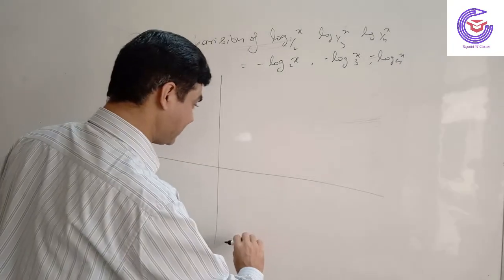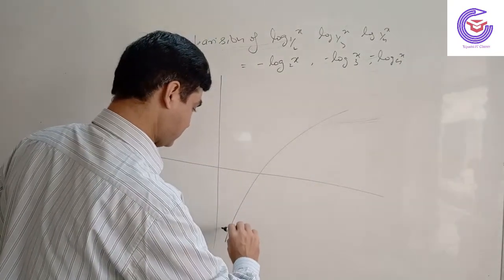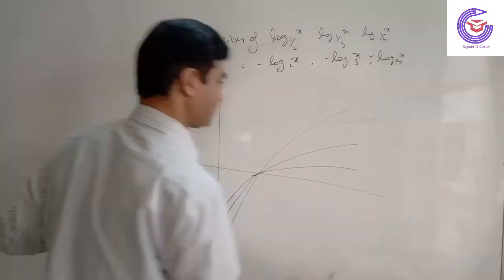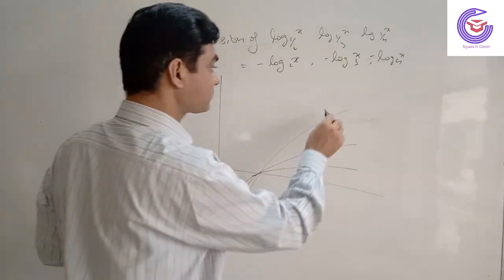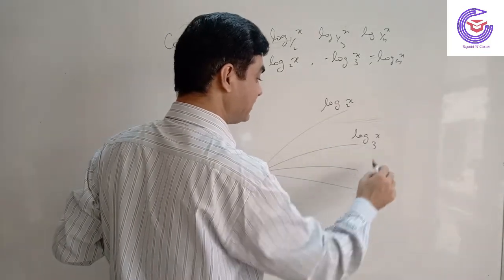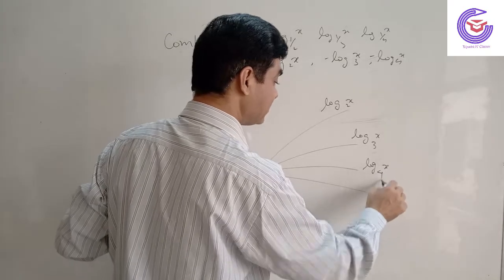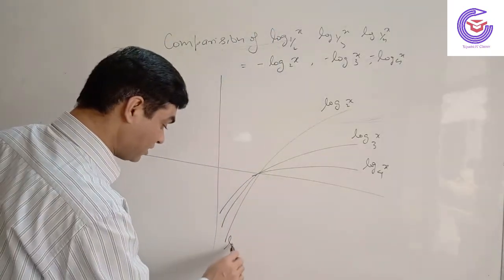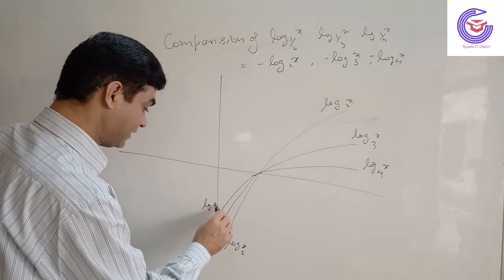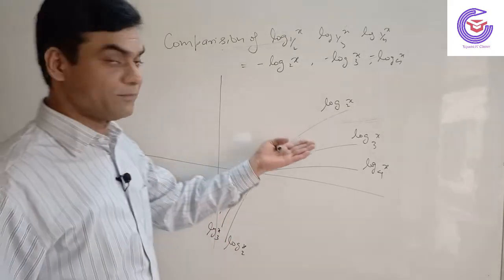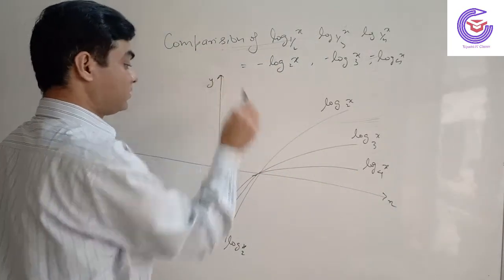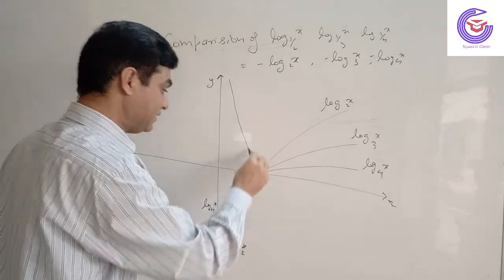Just now we plotted the graph. This was log x base 2, log x base 3, log x base 4. And here it was log x base 2, log x base 3, log x base 4. So just reverse it along the x-axis. So you will get something like that.